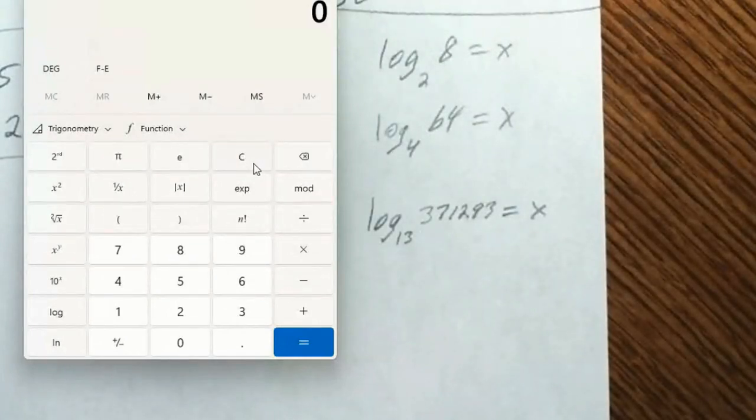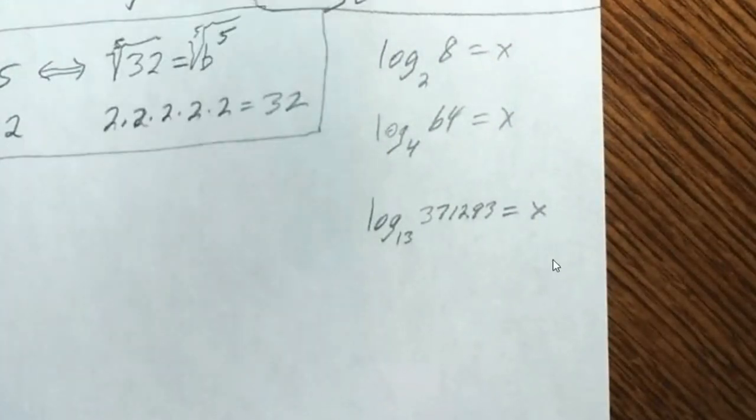Some calculators, like this one, allow me to shift and choose what base I want. But we're going to assume that our calculator cannot do that. And I'm going to show you how you can put this into any calculator, even a simple calculator that only does base 10, and solve this problem.